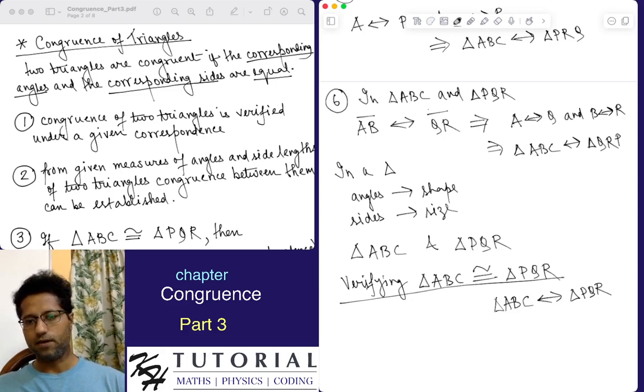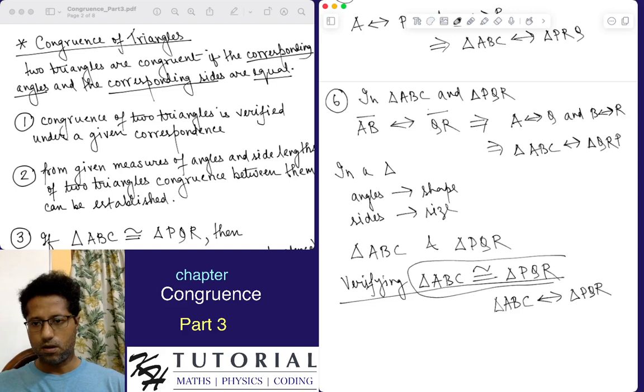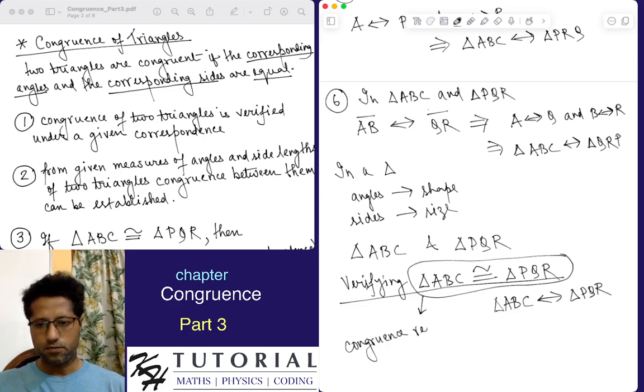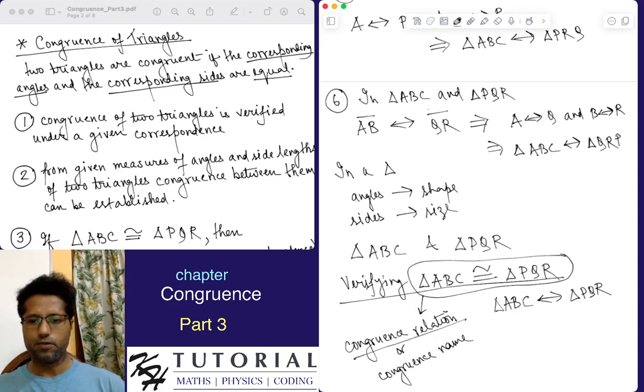This is also known as the congruence relation or congruence name.